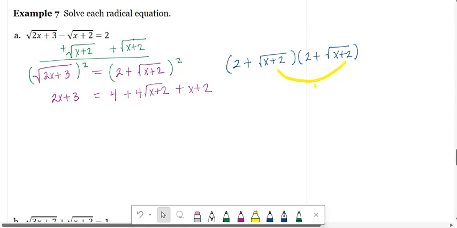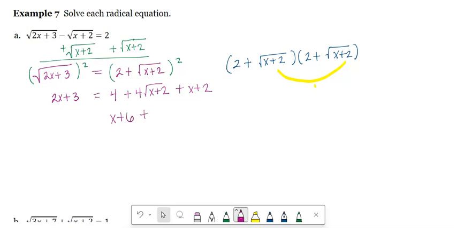Let's simplify the right-hand side first. I've got x plus 6 plus 4 square root x plus 2 equals 2x plus 3. Let's subtract x and subtract 6 from both sides.